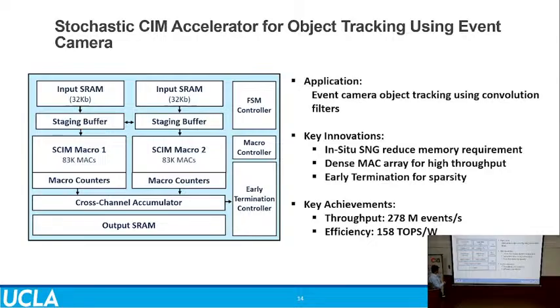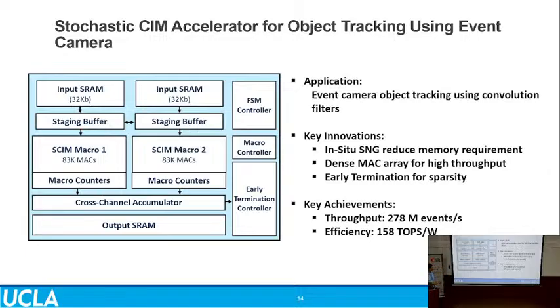So again, I'll not go into the hardware accelerator design itself per se, but this is the block diagram of the chip we have taped out. It tries to do this stochastic computing inside an SRAM cell. I'll not go into the circuit details of that either. But roughly in a small little chip, we are able to pack about 160,000 multiply accumulate units, and it has about 64 kilobits of SRAM.